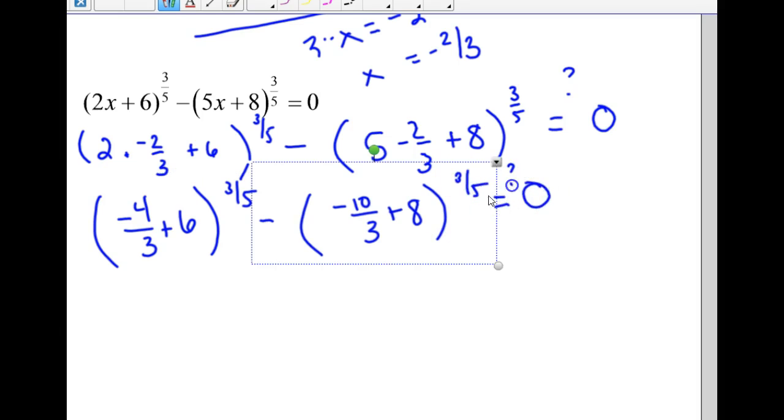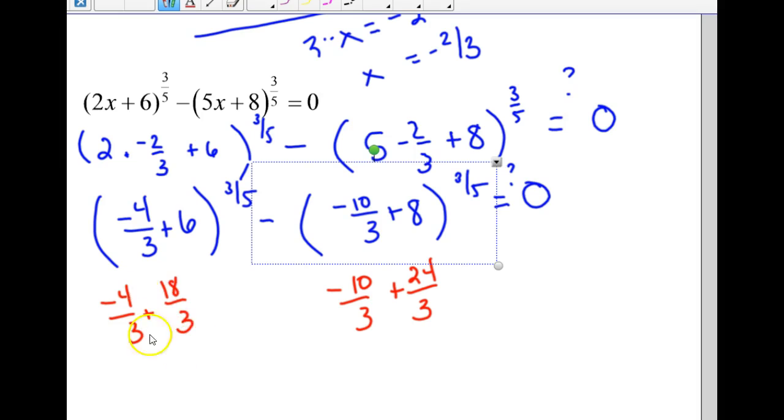Does that equal 0? So now I have to put some fractions together. I need a common denominator, so this has got to be over 3. So I get negative 4/3 plus 18 over 3. And over here I need a common denominator, so I get negative 10/3 plus 24/3.